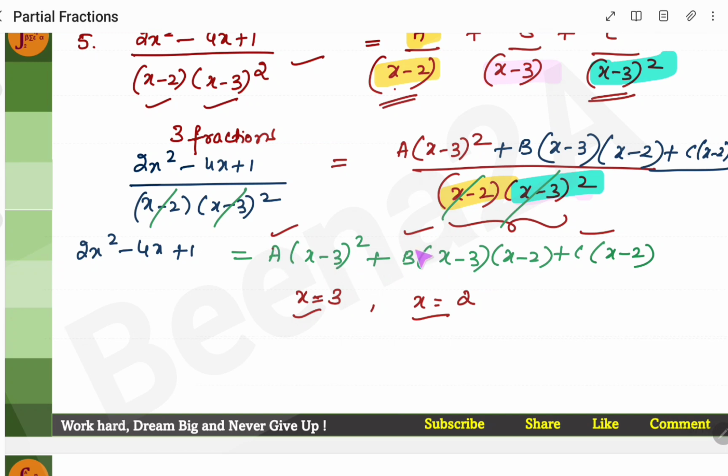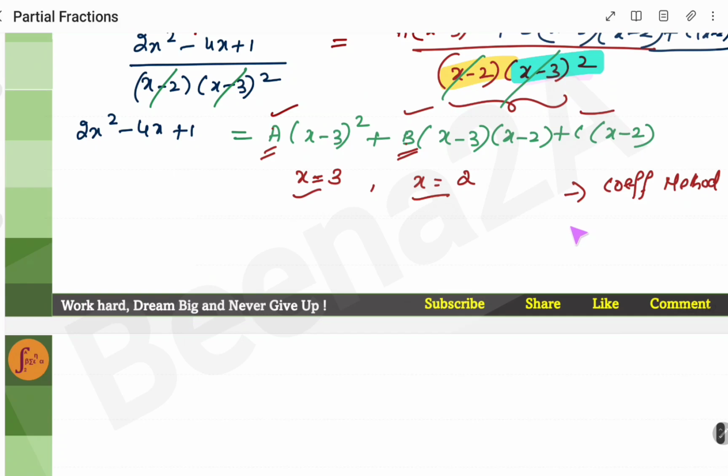That is, you'll only get value of A and C, right? We cannot find the value of the third variable. So we'll use coefficient method. Like I said, we have 2 methods, coefficient and constant. We will again use coefficient method only, right?